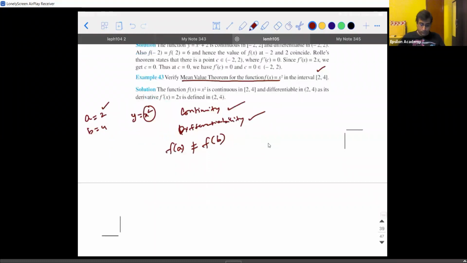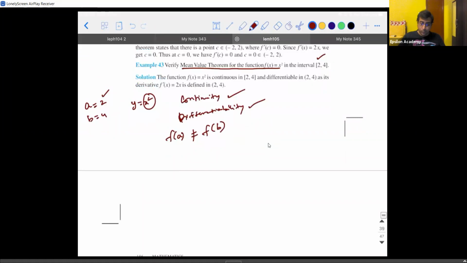Right? Now, what is it that we need to prove? We need to prove that there is a number between 2 and 4 where if you draw a tangent, that tangent will be exactly parallel to the secant that is joining the points 2 and 4. Okay, we need to find what that point is.